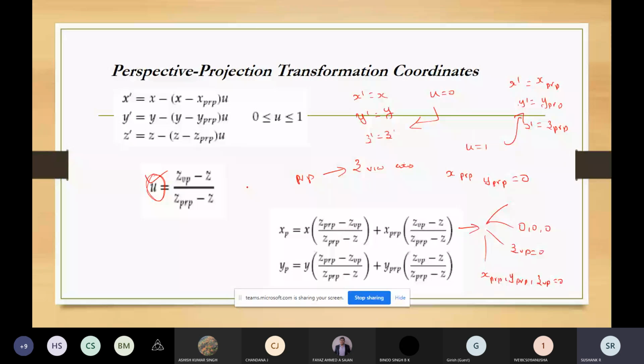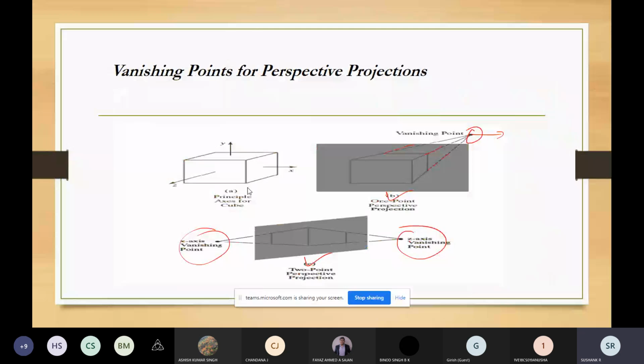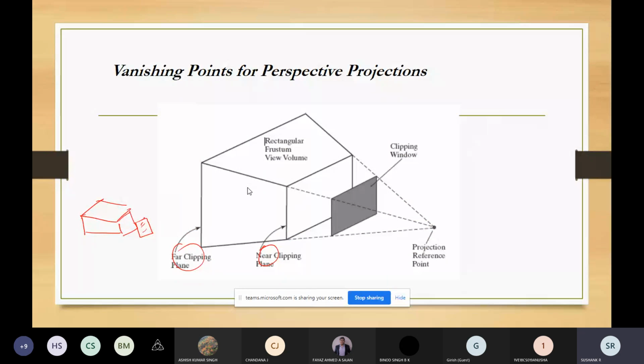The same thing is implemented in perspective projection. Here also we are specifying the rectangular clipping window. The clipping window is in the form of a rectangle, but the planes which are bounding this are not parallel.